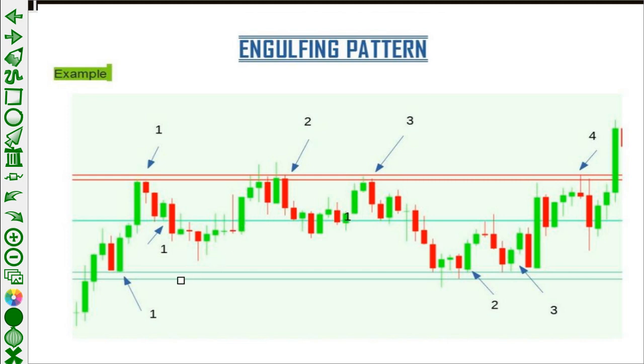And I have drawn the support line considering the same rules which I have considered for drawing the resistance line. That is, there should be at least one green candle next to the supporting candle which I am going to consider.